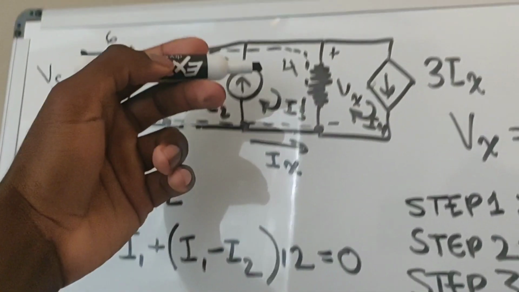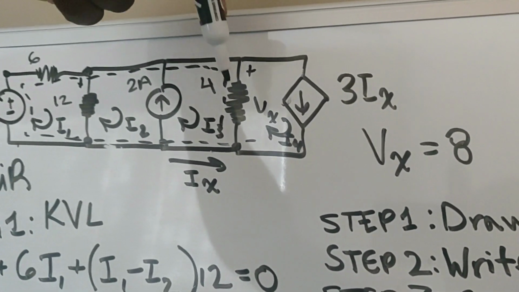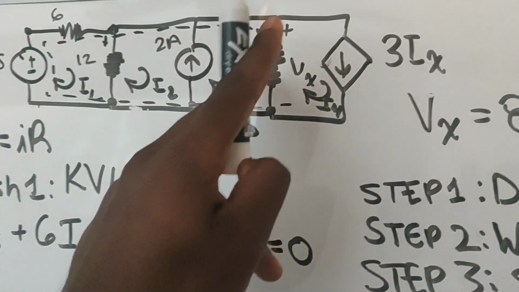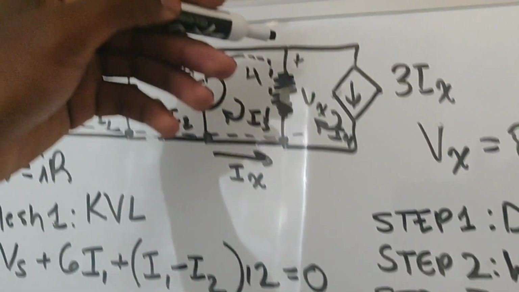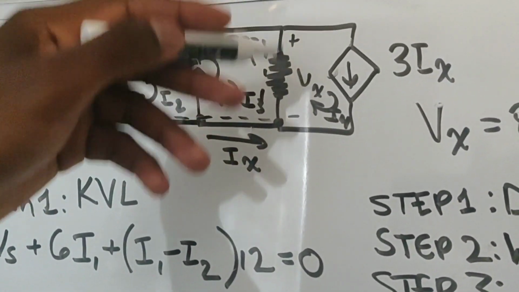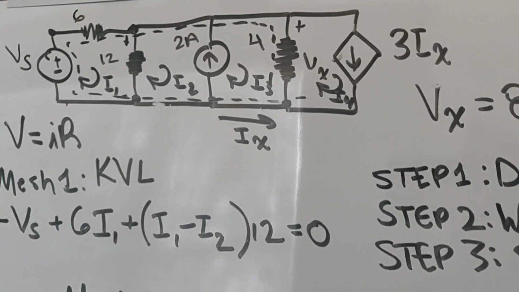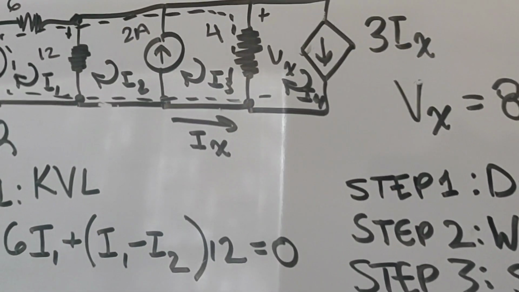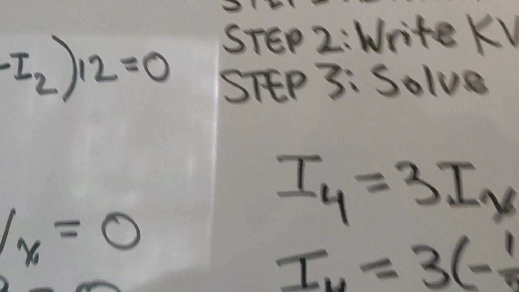We know that this mesh I3 is fighting against this mesh I4, and these two currents are pushing up against each other to create the current in this branch here, which is 2 amps already, because we know the voltage and we know the resistance. So we can write an equation for that.